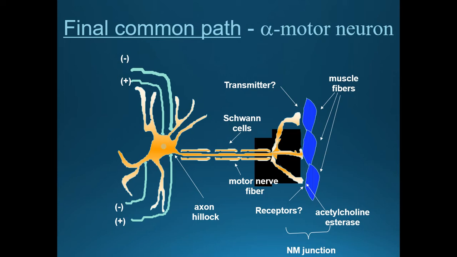This figure is an example of the alpha motor neuron. The alpha motor neuron transmits its transmitter from the motor nerve fiber.